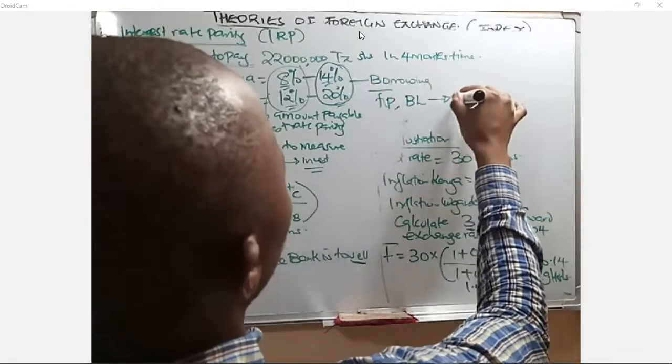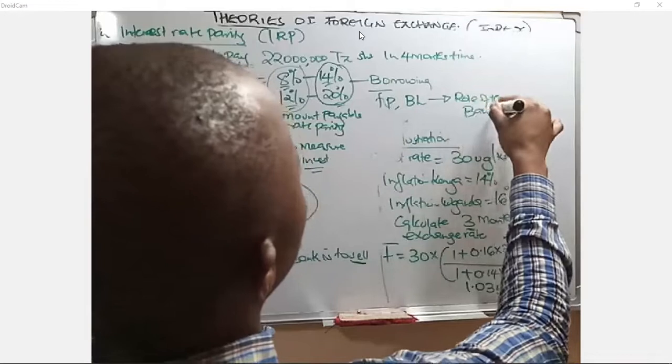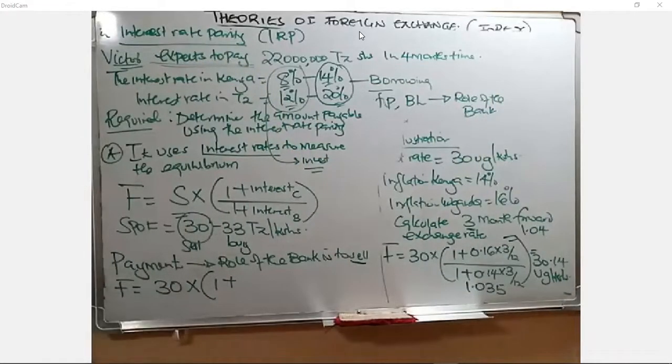Senior, what is the role of the bank here? Foreign payment, borrow local. The bank sells. Now, in this scenario, it is the same.